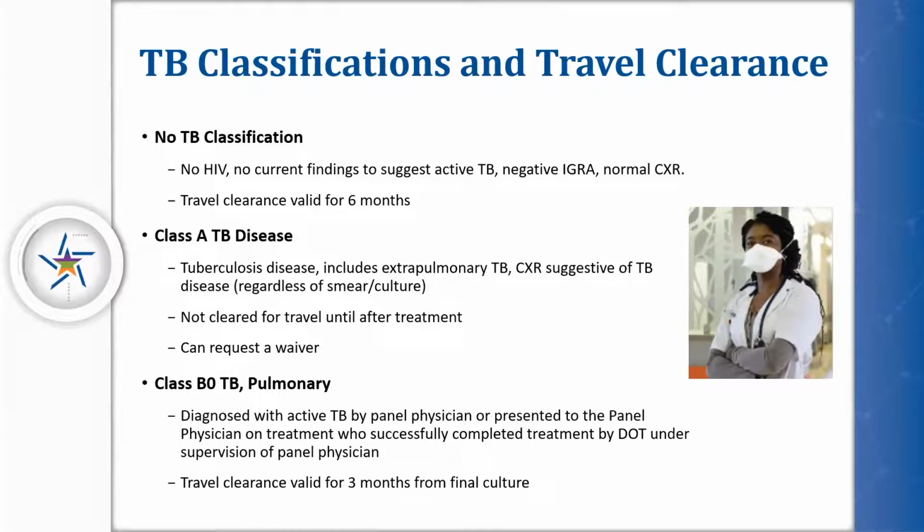So if they have a chest x-ray suggestive of TB disease, regardless of the smear or culture, then they are considered as having TB disease, and they're not cleared for travel until they have had a full course of treatment as required by the TIs, which go very specifically into treatment. It has to be a US approved treatment and also done under directly observed therapy.